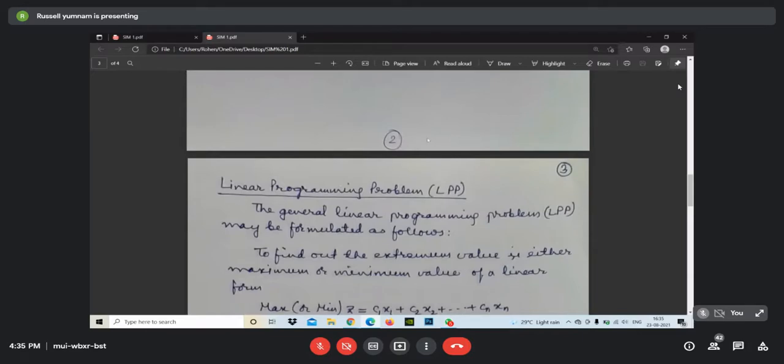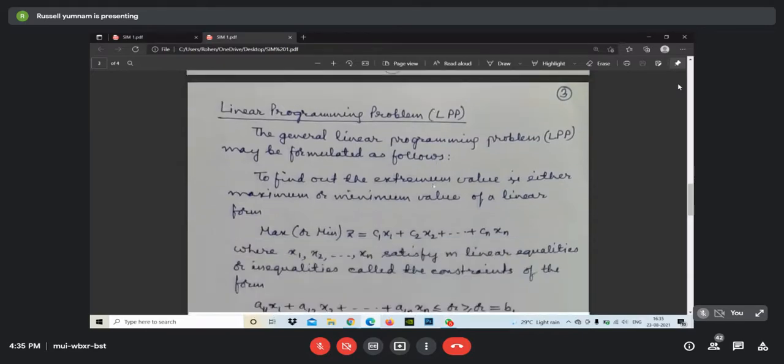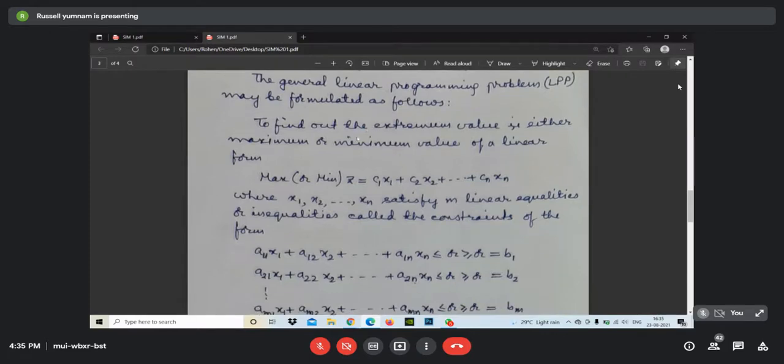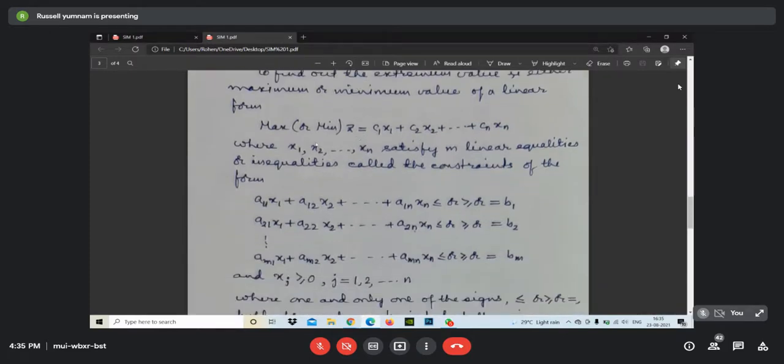Then let us come to the linear programming problem now. Let us see the model of a linear programming problem first. The general linear programming problem will be like this. It may be either maximum or minimum z.